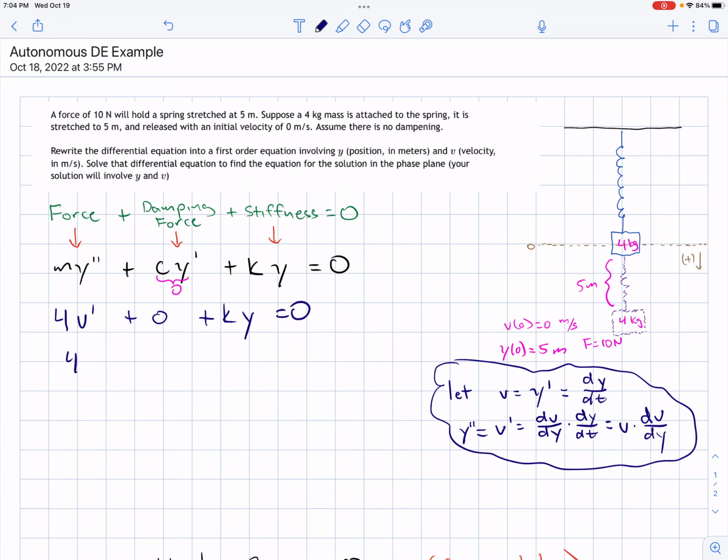Rewriting that, because v prime is actually just v times dv/dy, it's 4v dv/dy plus ky being equal to 0. And now we have a separable equation, essentially. We do need to find the spring constant, which we can.